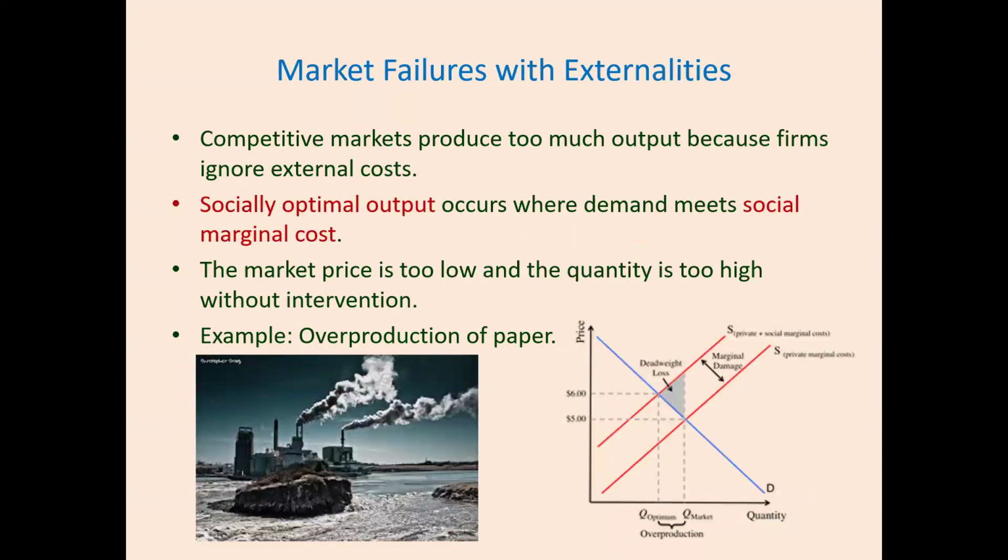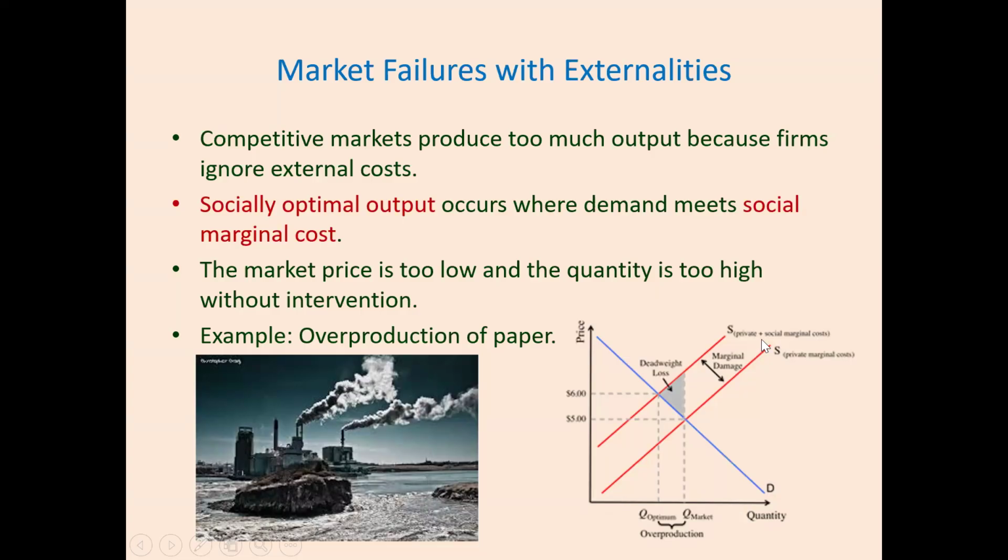What kind of market failure do we see with externalities? Competitive markets produce too much output when firms ignore external costs. So on the bottom right, we see the typical supply and demand curve. Demand is downward sloping with price on the vertical or y-axis, and quantity is on the x or horizontal axis.